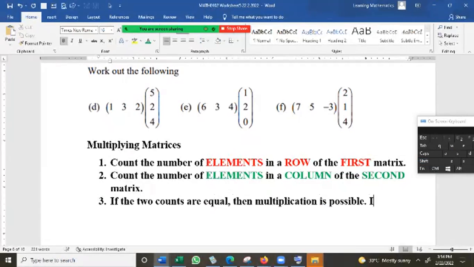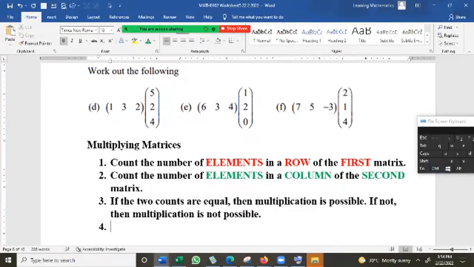If not, multiplication is not possible. So please bear that in mind as an introduction to multiplying matrices.